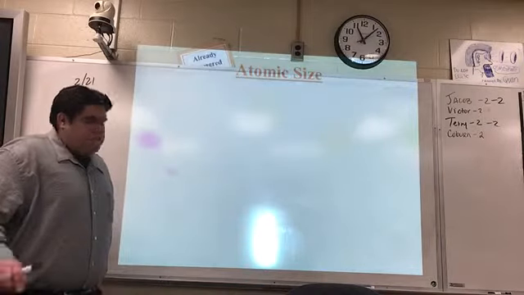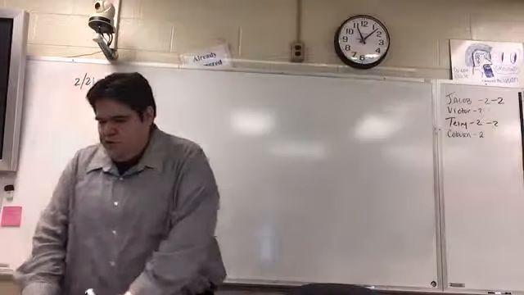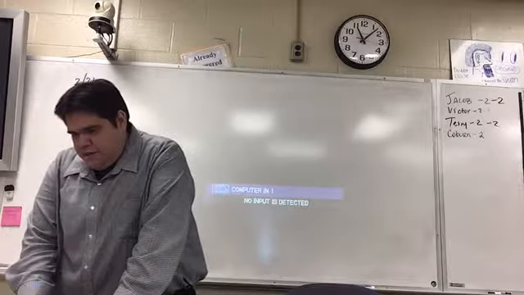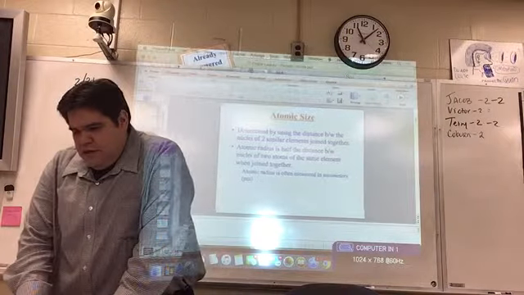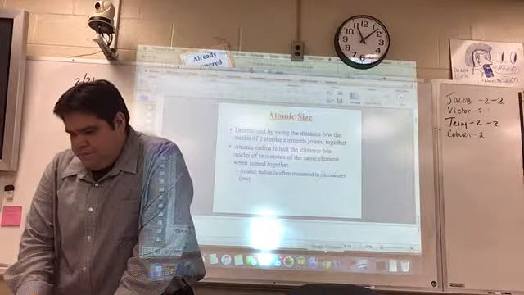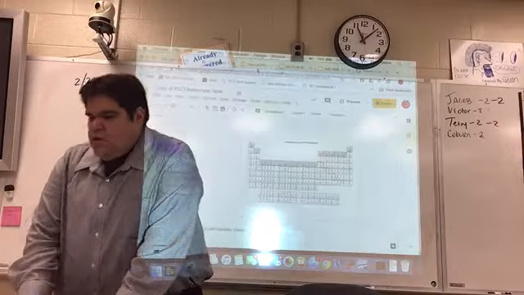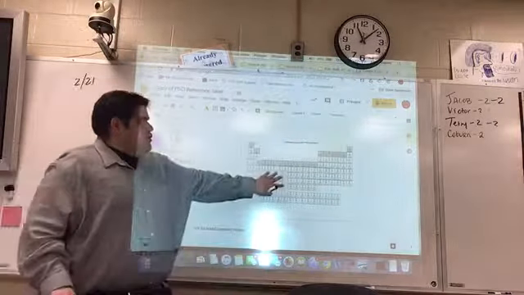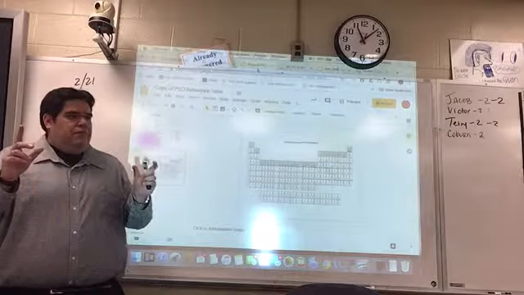So first of all, what periodic trends is dealing with, which I might need to do this way instead so that I can flip back and forth, is the issue of where things are located on the periodic table can tell you certain things about the element itself.